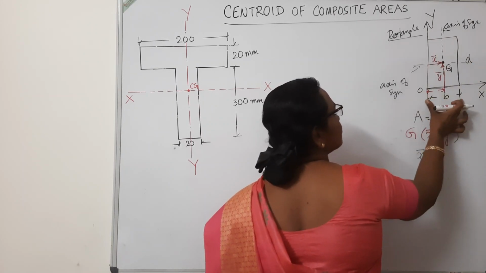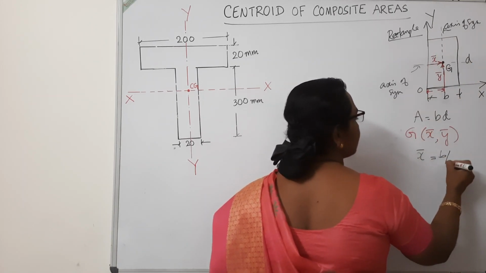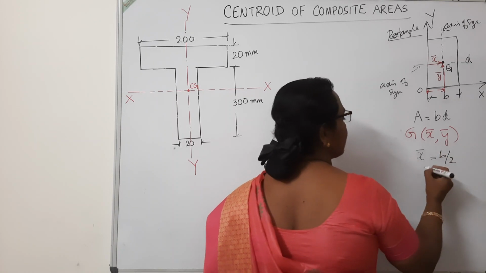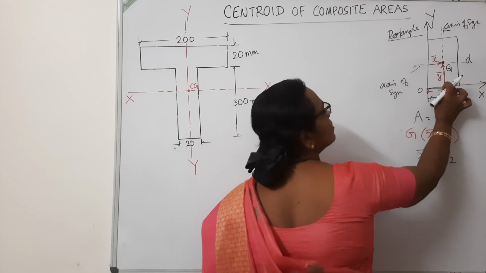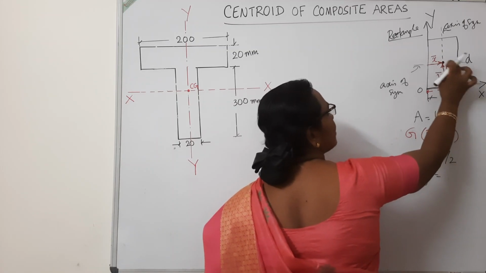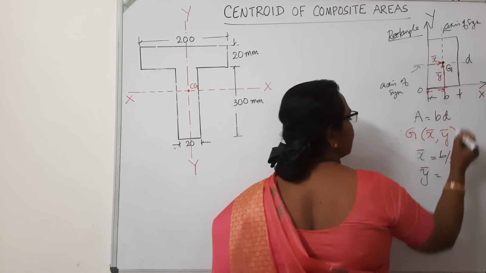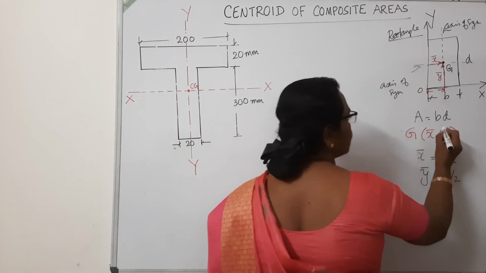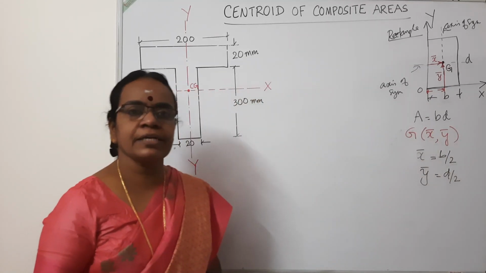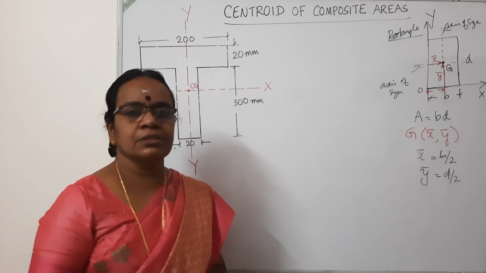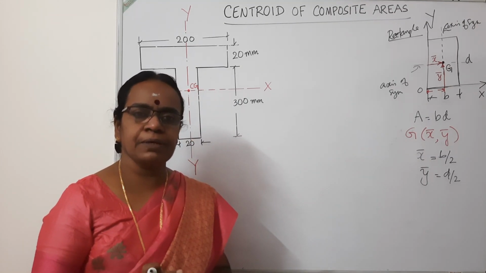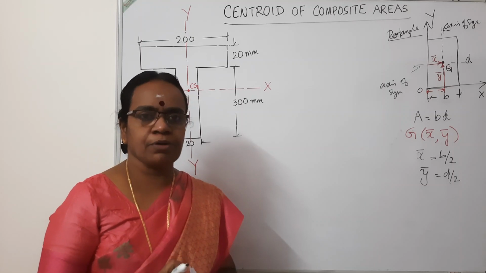If this is B, this will be B by 2. X bar is B by 2, and y bar is the distance from the x-axis up to the center of gravity. What is this distance? This is equal to D by 2. So the center of gravity of a rectangle is located at B by 2, D by 2 coordinates, where B and D are the width and depth of the section.